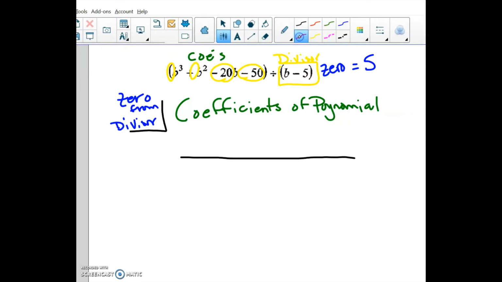Below the black line will be the coefficients of the quotient, down here on the bottom. And the very last number, let's extend this black line, the very last number is the remainder. So that's where numbers go and what they will be when we're done.